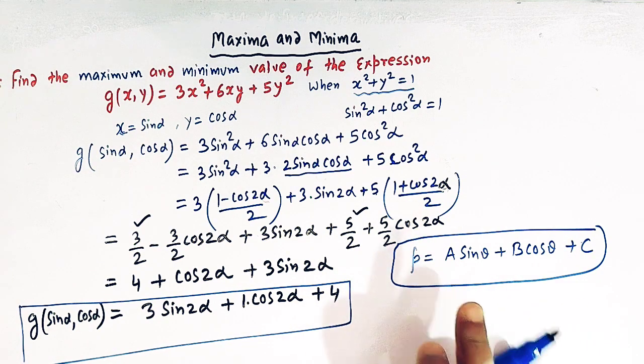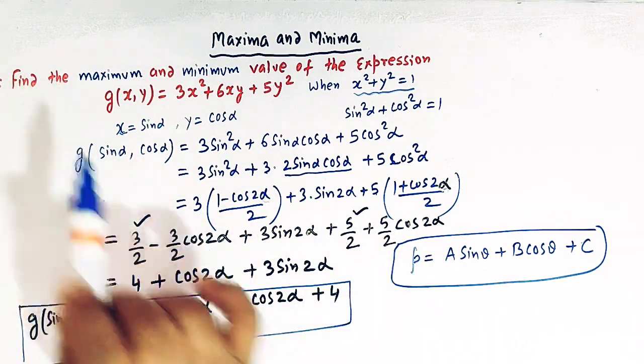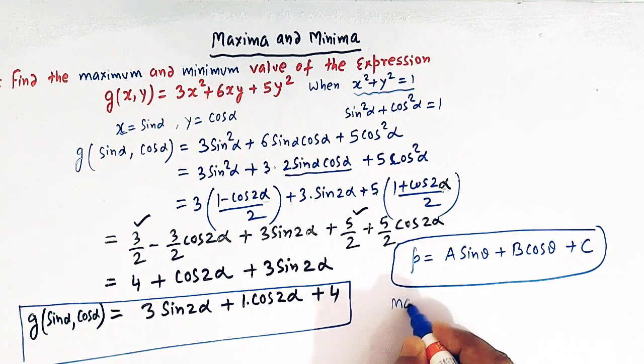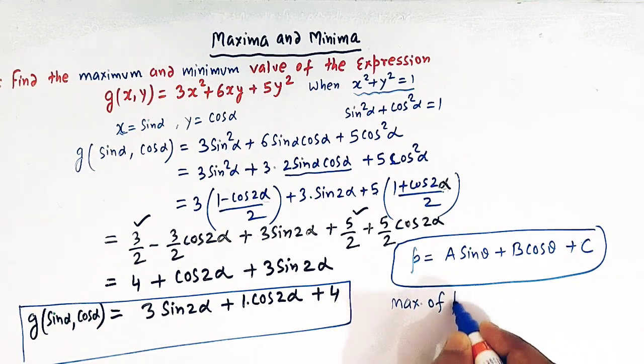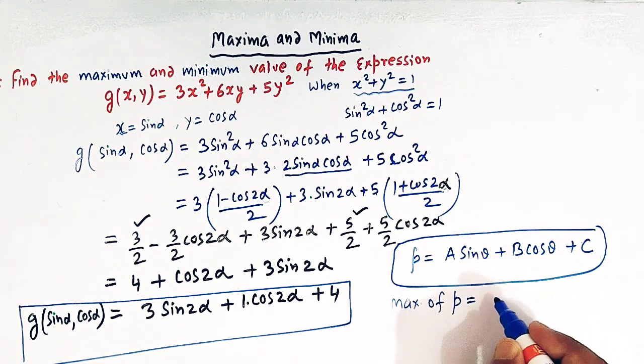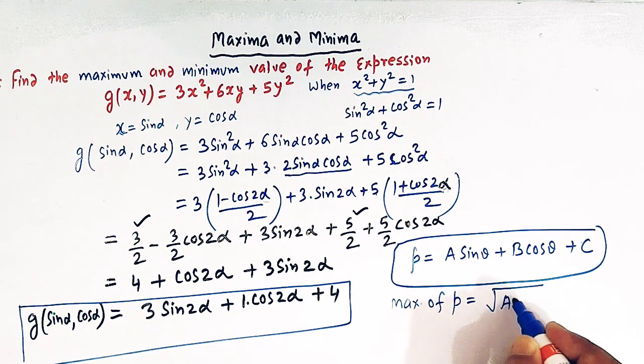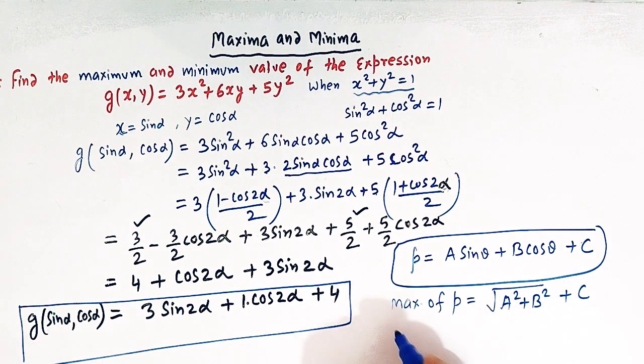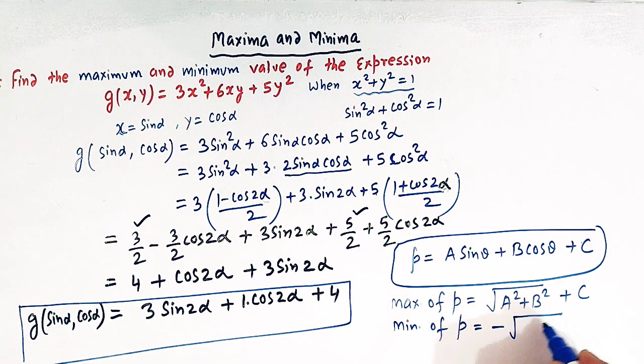Then the direct value of the maximum and minimum value of this expression is given by, that is maximum of P is directly given by square root of A square plus B square, and here we have plus C, and the minimum of P is given by negative of square root of A square plus B square plus C, right?